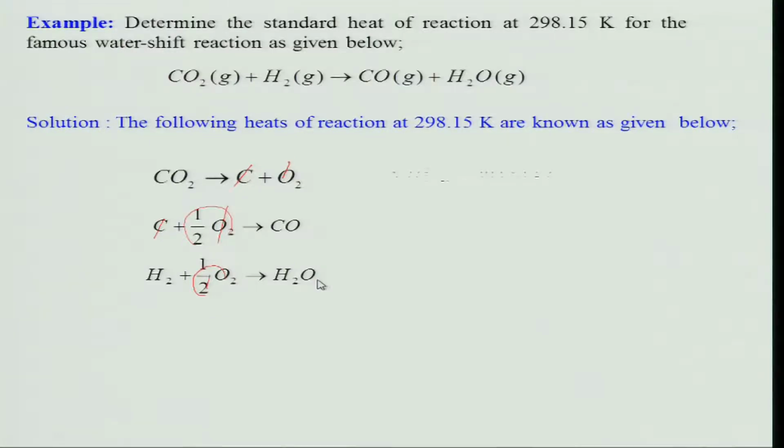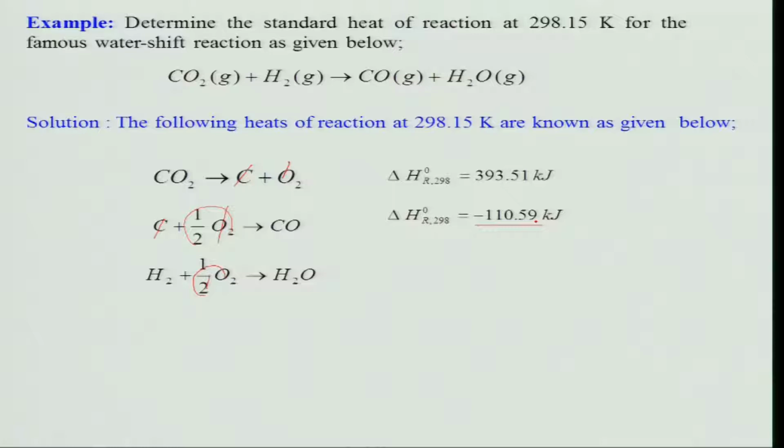But I must know the heat of reaction. The heat of reaction for C plus O2 going to CO2 is basically 393.51 kilojoules, of course at 298.15 Kelvin. Similarly, I know this reaction, and keep in mind that the earlier reaction was positive and this is negative. That means the earlier reaction was endothermic and this is an exothermic reaction.